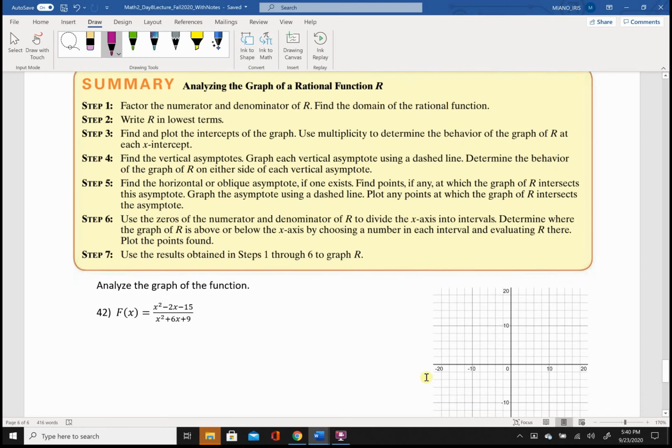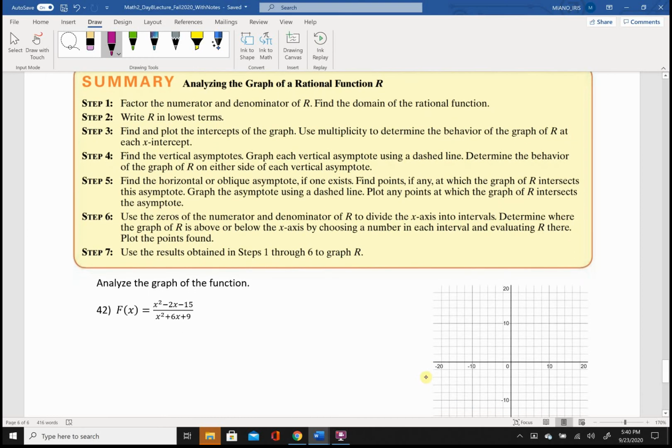Let's factor both the numerator and denominator. So let's start there. So that'll be in the numerator, I'm going to get my notes out so I can do things quickly here. That'll be an x minus 5 times x plus 3 and an x plus 3 times an x plus 3, or an x plus 3 quantity squared.